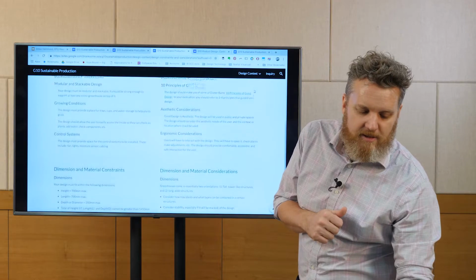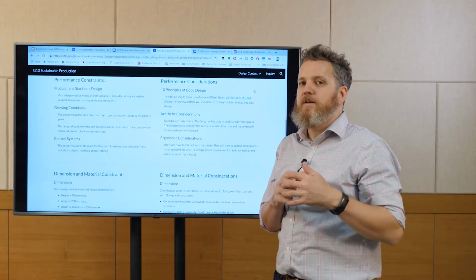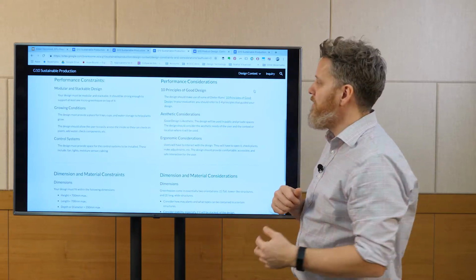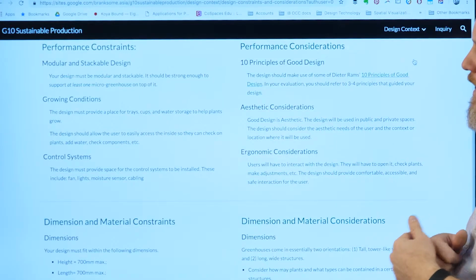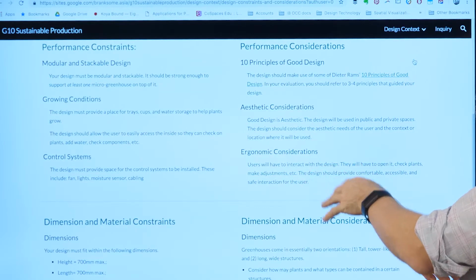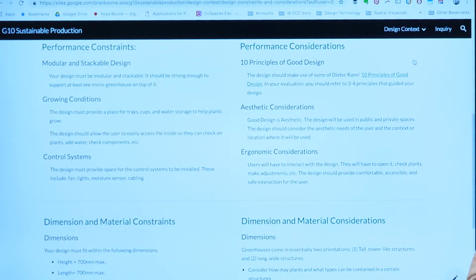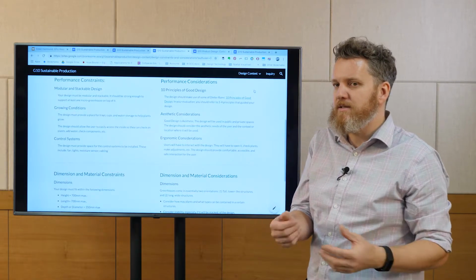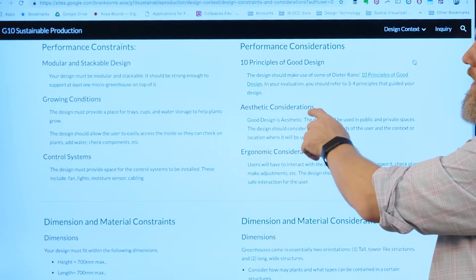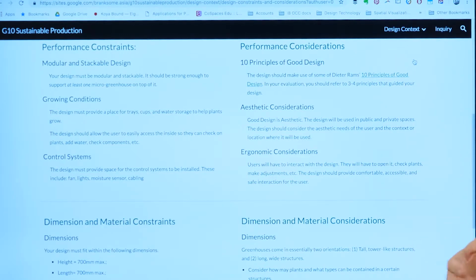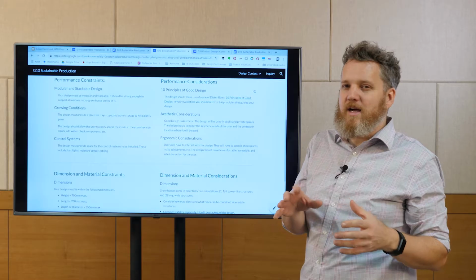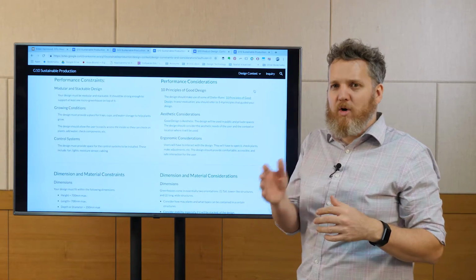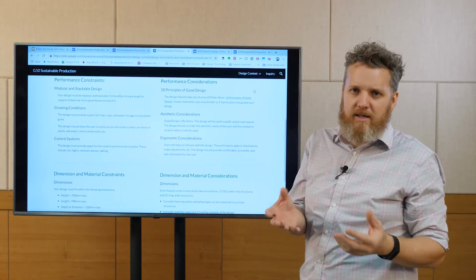So in our case here, throughout our course, throughout the curriculum, students have been looking at different aspects of principles of good design. We talk about aesthetics and ergonomics. Ergonomics has to do with the body and how the human body engages with the physical surroundings. And also the aesthetics, which is just how does something look, and what are the design choices that we make on a product, whether it's curved edges or straight, or what color it is, things like that.